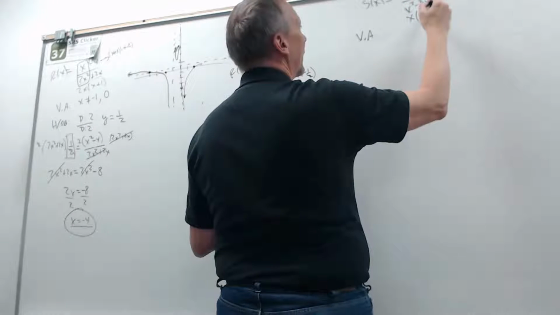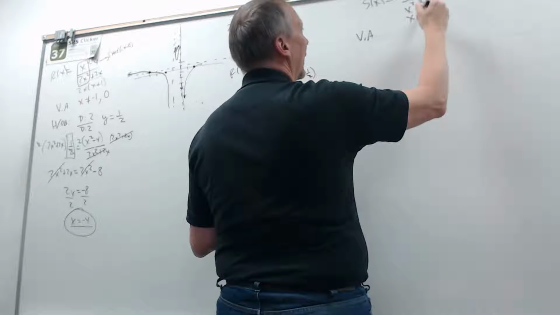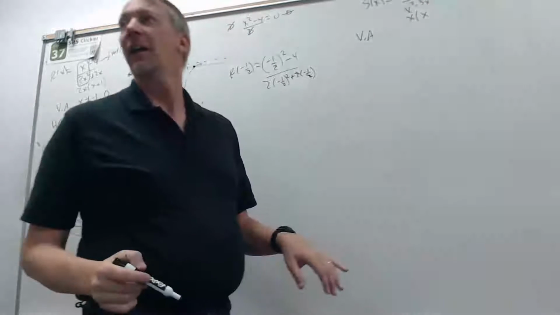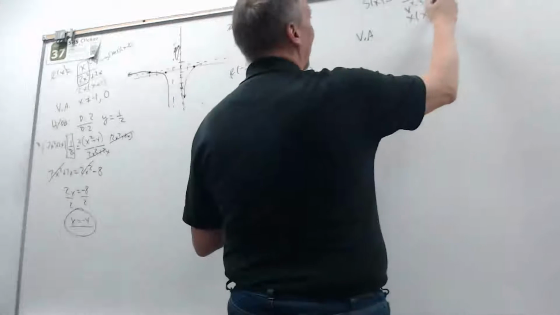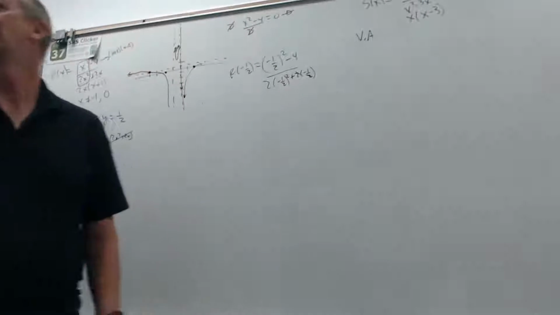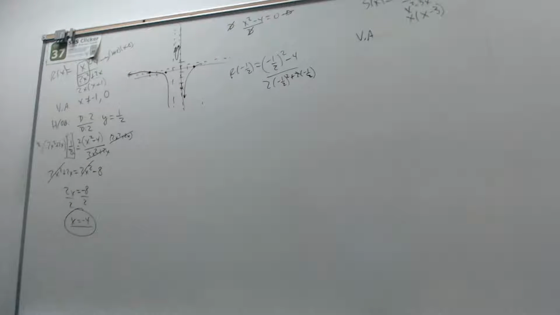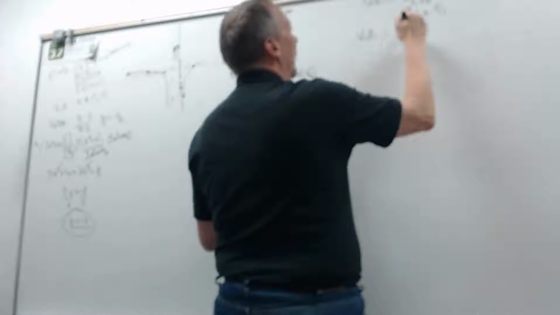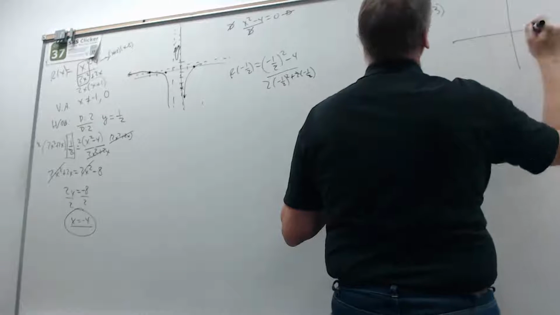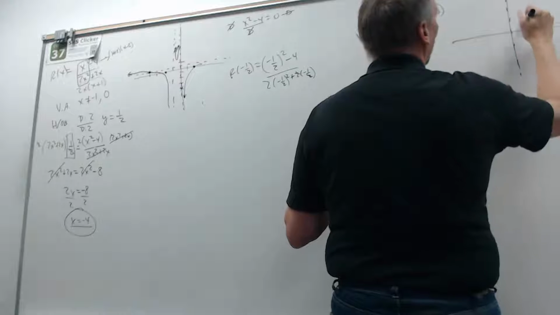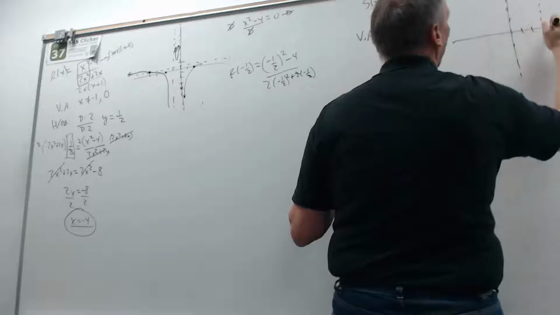And you're left with plus 2 or minus. You and I both need to go to bed earlier. Yeah. Okay, so your vertical asymptotes are where? X equals 3 or 0. Okay, let's do it. 0, 1, 2, 3. Okay, now what?